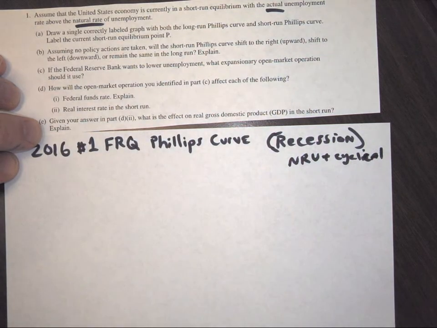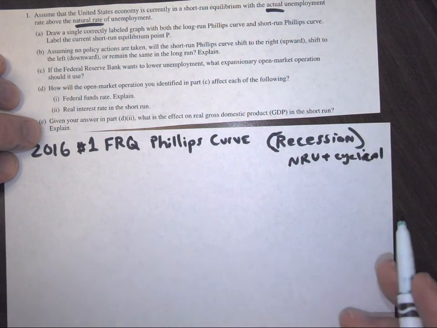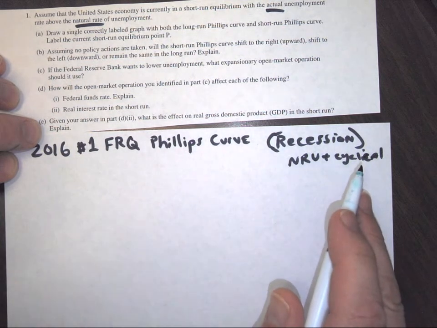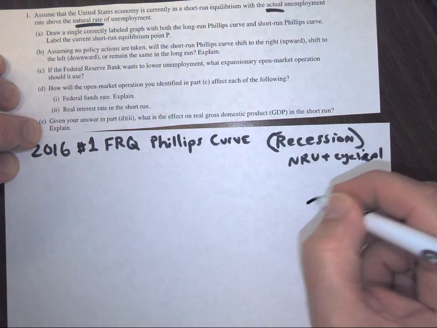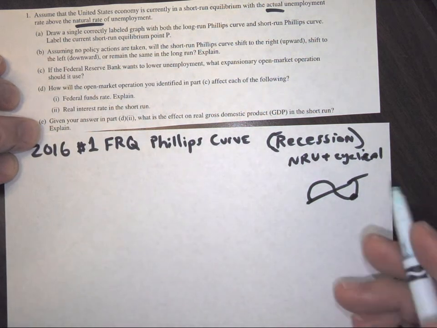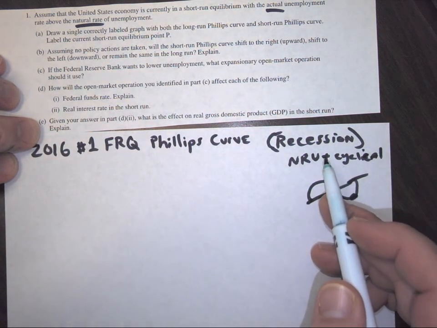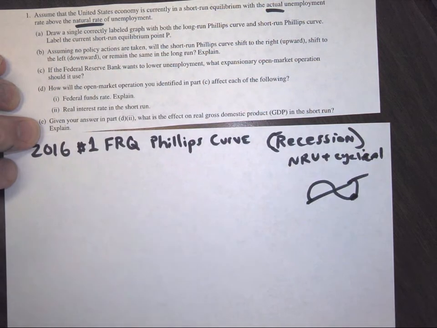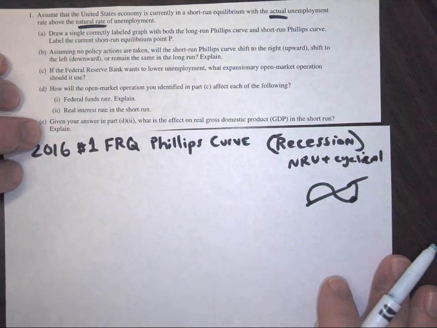All right, so that is going to exceed. So that means more people are not working because the business cycle is in a downturn. Remember that right there? We have that downturn, we have cyclical unemployment. So the natural rate, we're always going to have structural and frictional unemployment. When you add in cyclical, you get this actual rate. So if the actual is above the natural rate, that means we have a recession, okay?